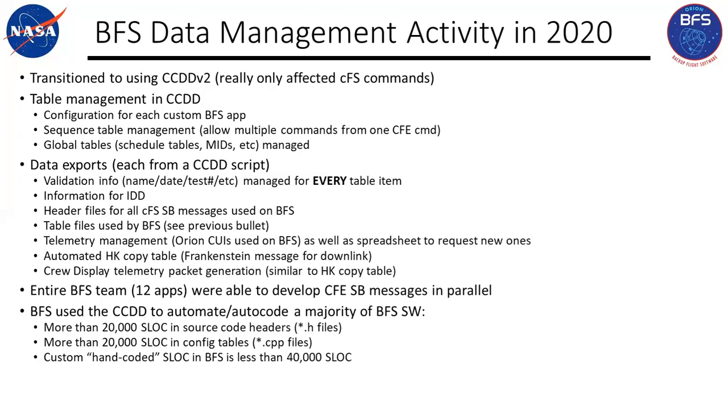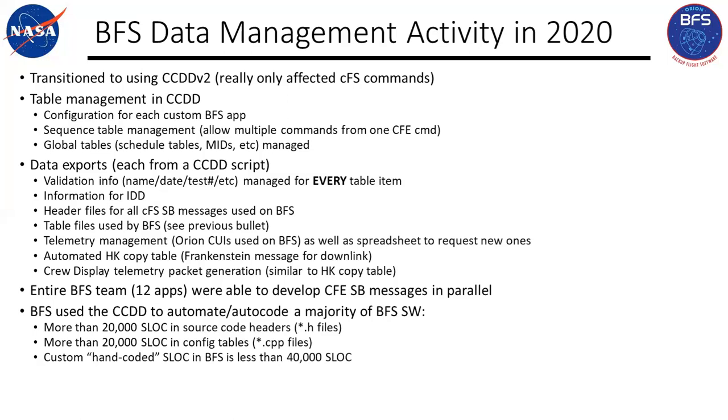So all the team on BFS, all 12 apps, were able to work in parallel and synchronize all their information into one common database. And just to give, I'm not going to give exact numbers, but we have over 20,000 lines of source code headers that are generated by the CCDD on the Orion BFS program, and more than 20,000 lines of config tables that are auto-generated from the CCDD.